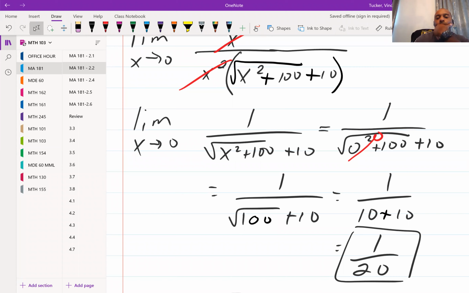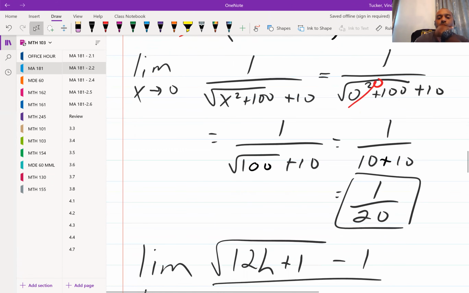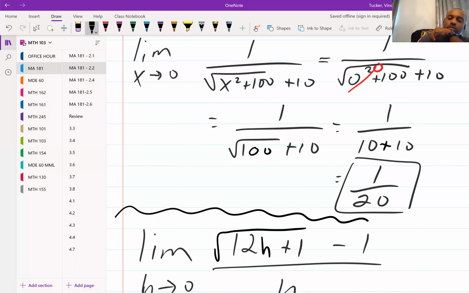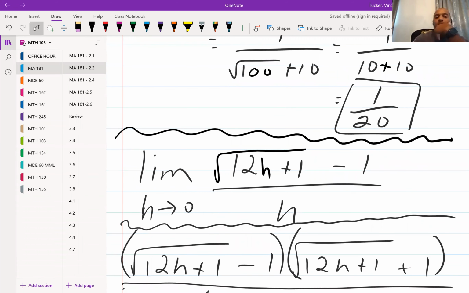All right. Any questions? All right. So the next one, we have the limit of the square root of 12h plus 1 minus 1 over h as h goes to 0.